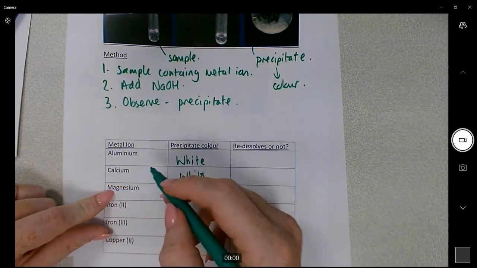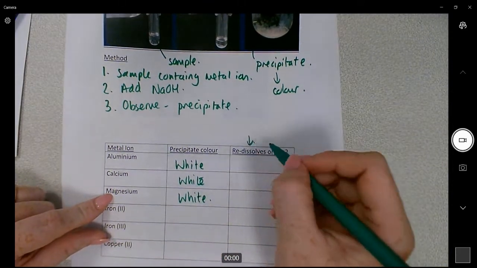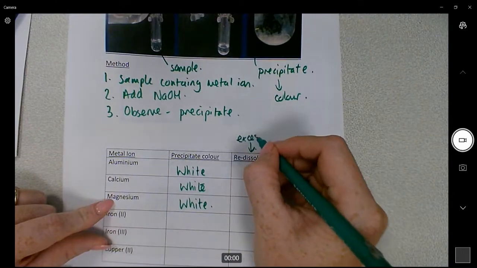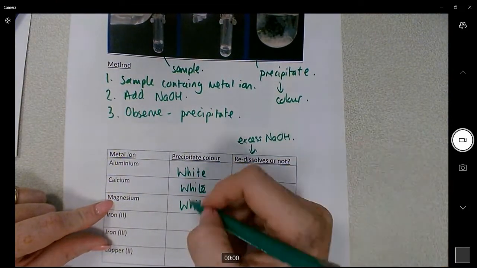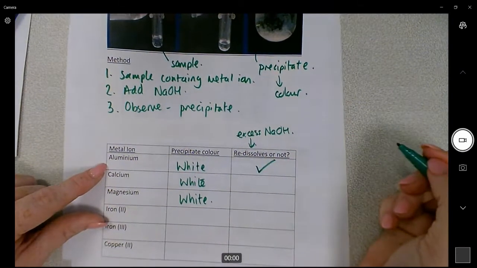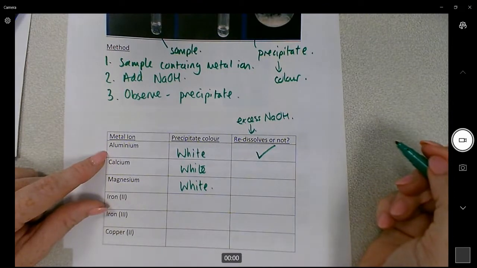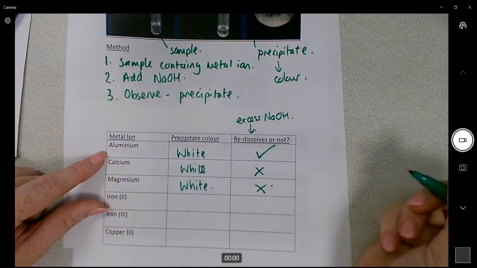Now, there is only one metal ion that will redissolve. So what we mean by redissolve is you add excess sodium hydroxide. So you're adding more sodium hydroxide after the precipitate is formed. And the aluminium is the only one that will in fact redissolve when you add excess sodium hydroxide. The other two would not.